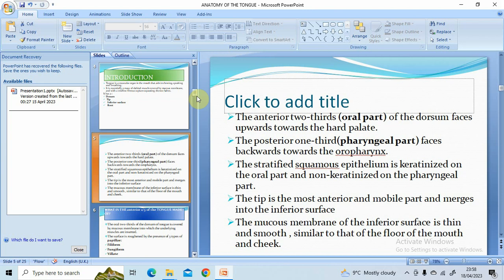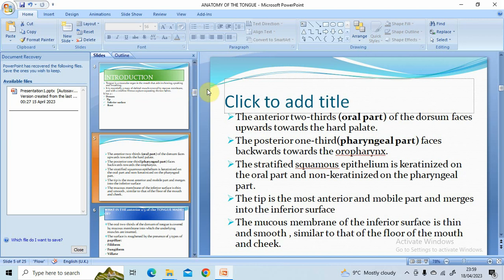And there is what we call the epithelium. The epithelial covering of the tongue is stratified squamous, and in the oral part it is keratinized, while on the pharyngeal part, the posterior one-third, it is non-keratinized.